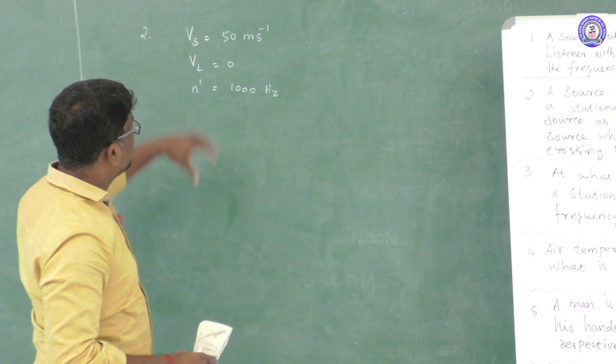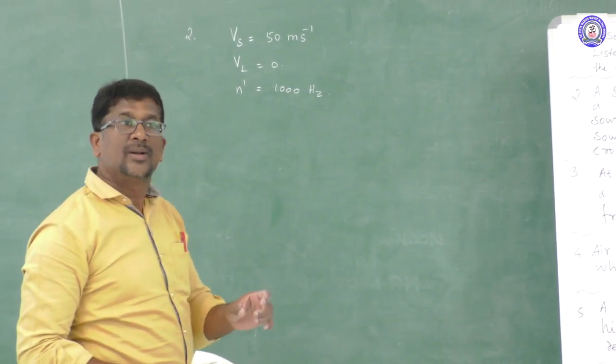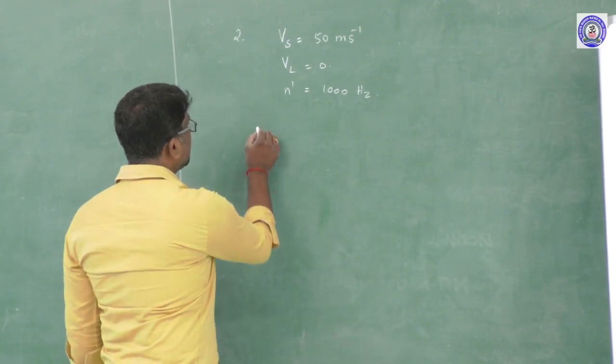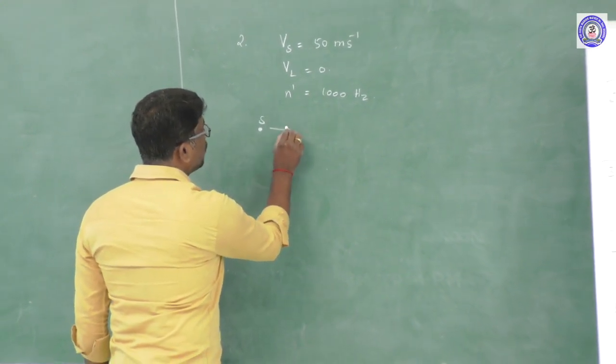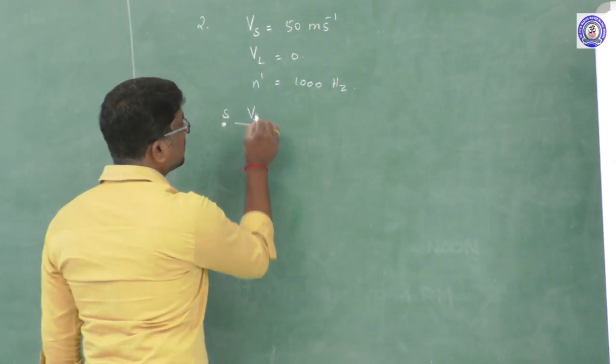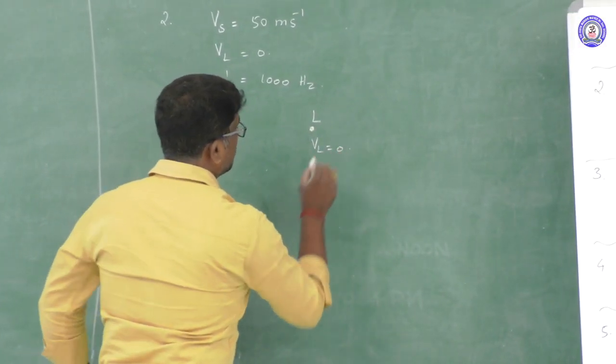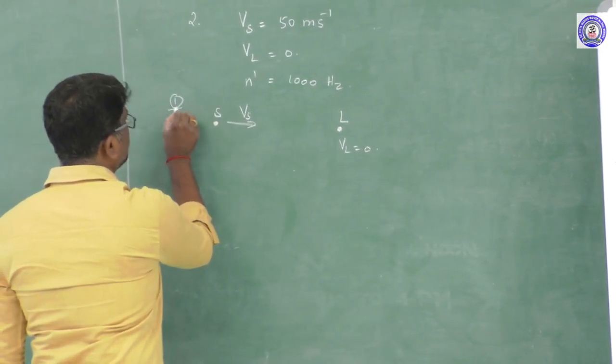From these given values, first we need to find the actual frequency of the sound wave emitted by the source. Here the source is moving with a velocity of Vs, whereas the listener is at rest.